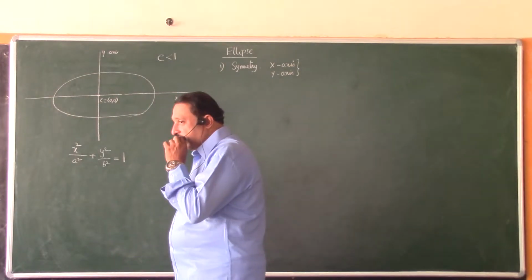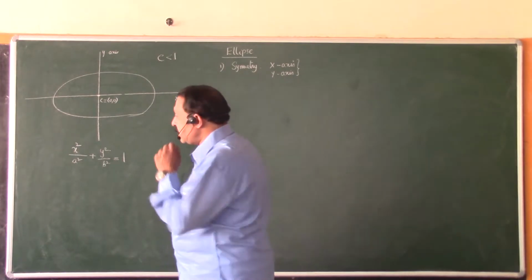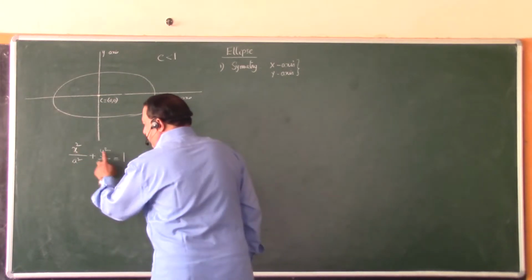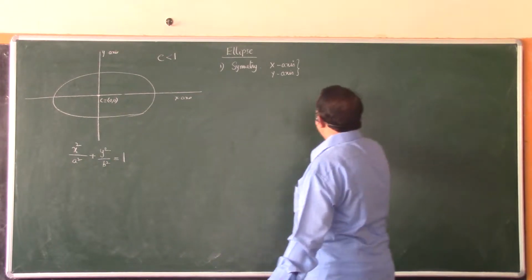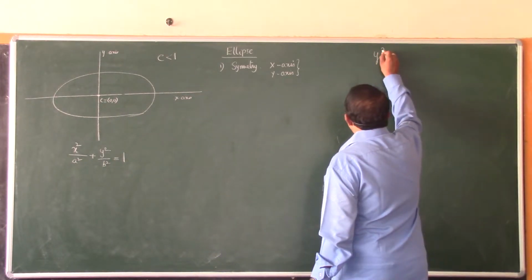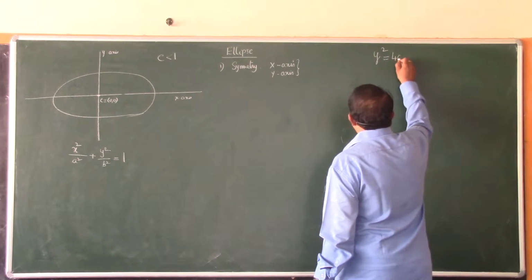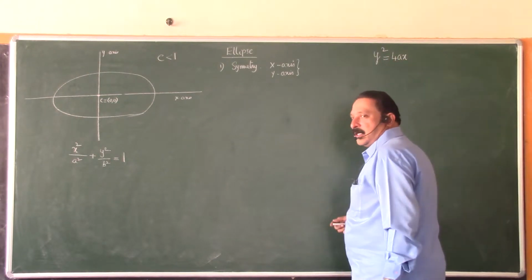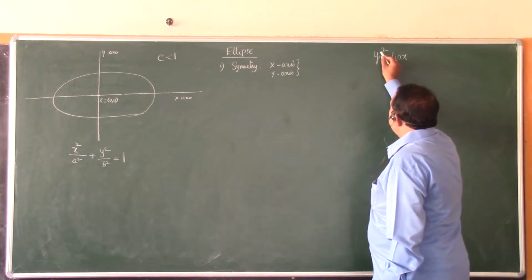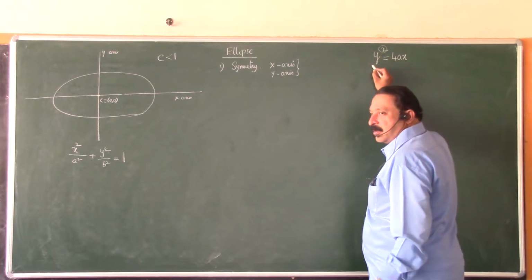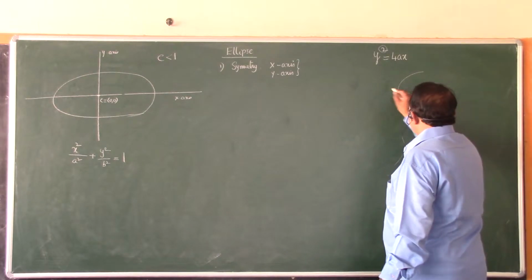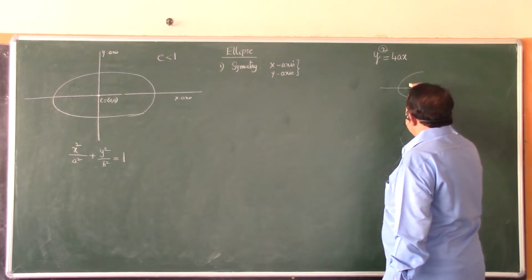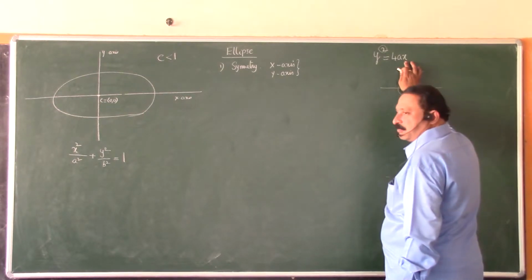For example, in the last class we learnt about the parabola y square equals 4ax. Here the y term is in second degree. Therefore we can say that the parabola is symmetrical about the x-axis.